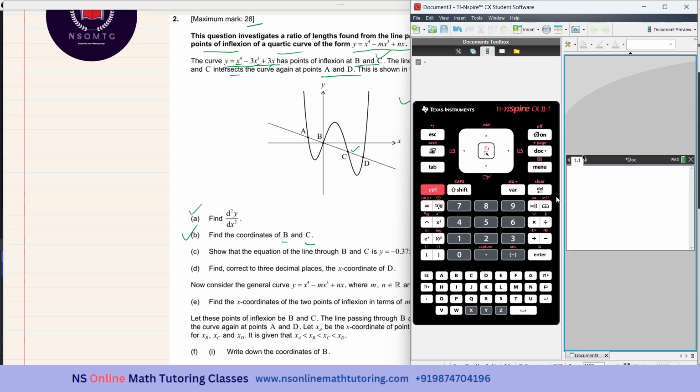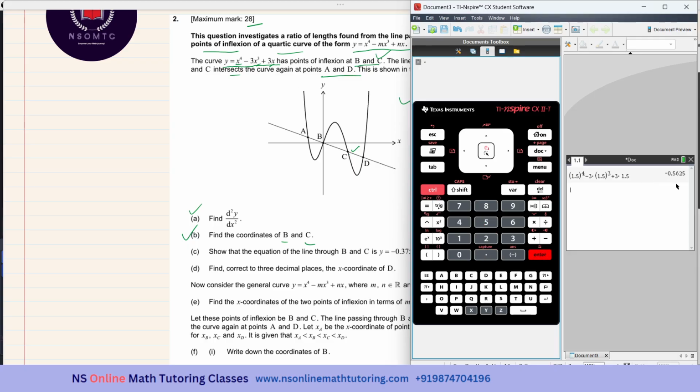So in place of x, I'm writing 1.5. So 1.5 raised to the power of 4 minus 3 times 1.5 raised to the power of 3 plus 3 times 1.5. Enter.